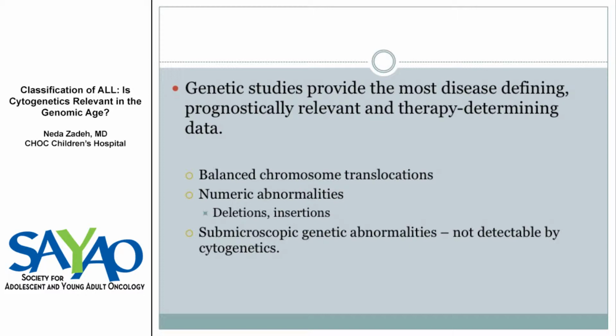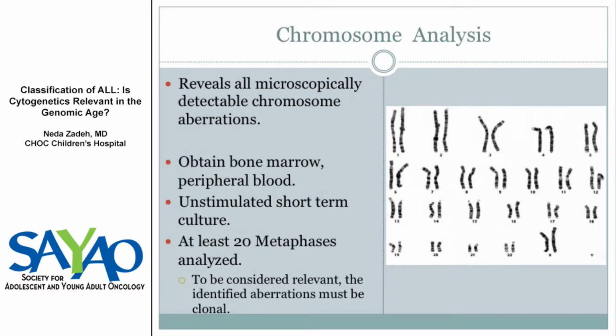And today I really wanted to focus on some of these technologies and where we have come from and where we continue to go. So chromosome analysis reveals alterations typically greater than 5 megabases in size in a high-resolution preparation, which is what you see here. As many of you know, and I'll show a picture in a future slide, most bone marrow karyotypes of acute lymphoblastic leukemia patients don't look like this.